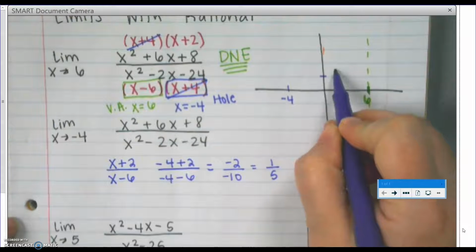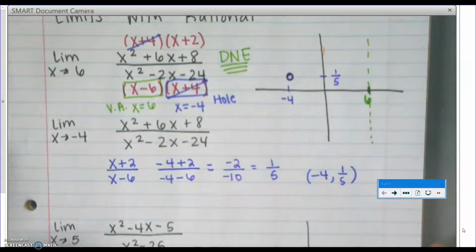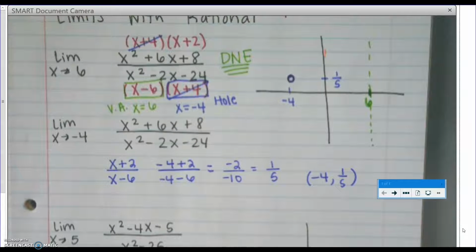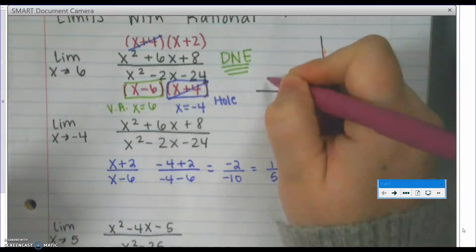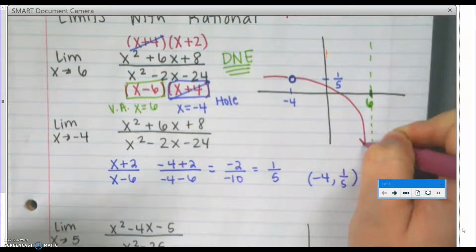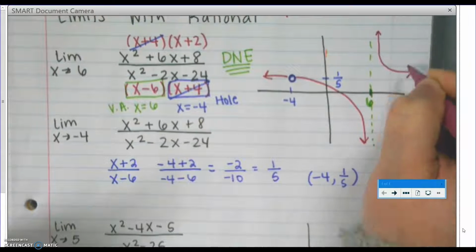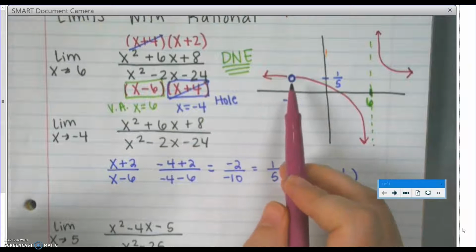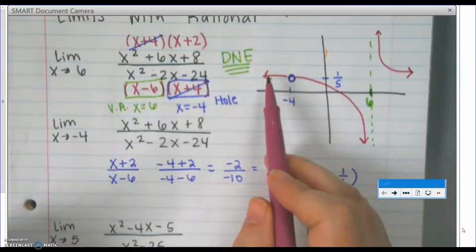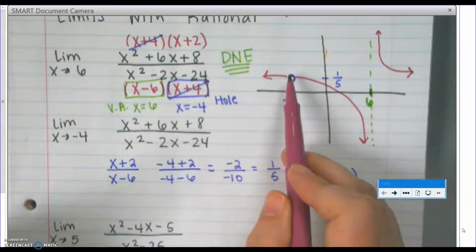So just bear with me here, pretend that this is a good scale. So I have a hole there. All right, so more than likely what this graph looks like is something like this. So the limit does exist at a hole because the left is approaching the hole and the right is approaching the hole.